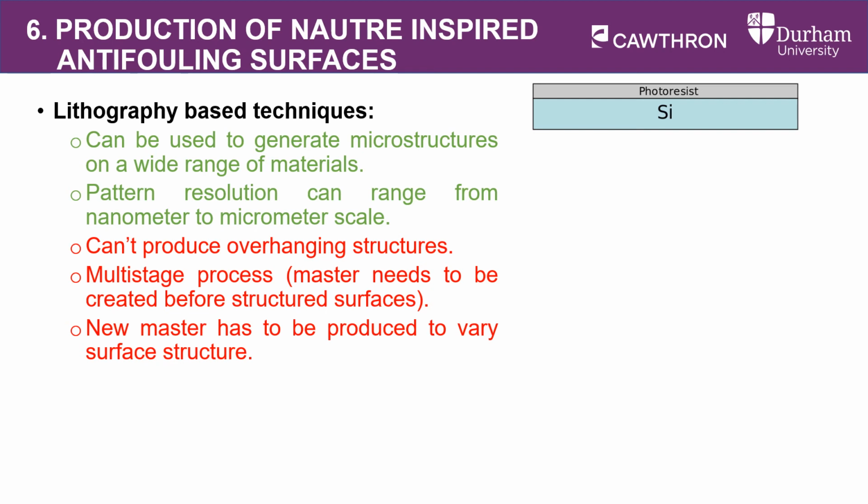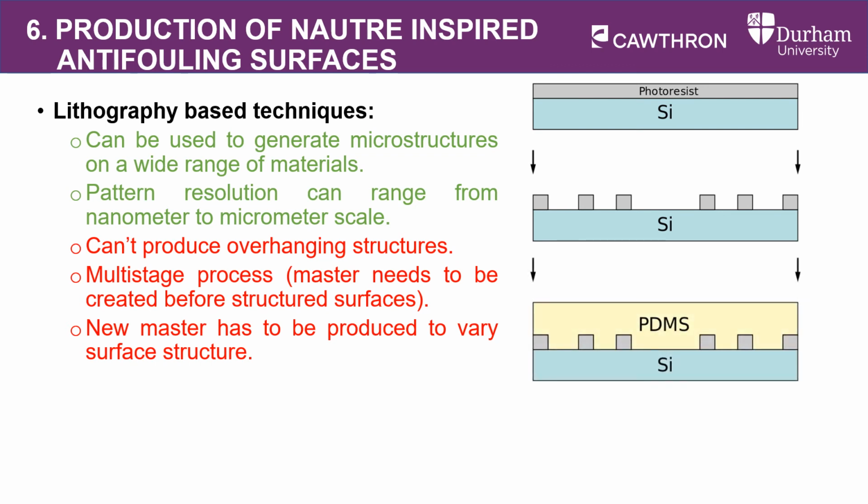The surface is then exposed to UV light or lasers, which interact with the uncovered areas of photoresist. Patterned areas of photoresist can then be used to create a mold, from which repeated patterns can be quickly manufactured. A downside of lithography-based techniques is that if the design needs to be updated, then a new master mold has to be produced. This is both time-consuming and expensive.